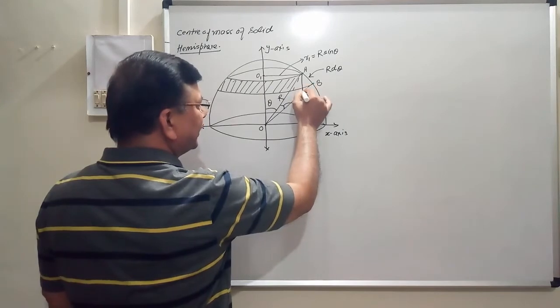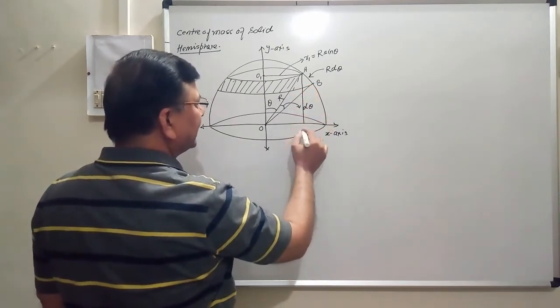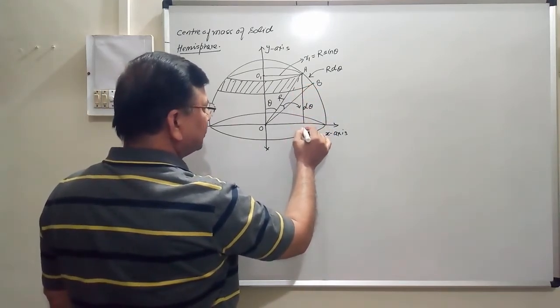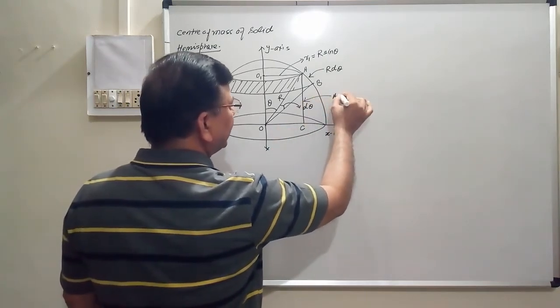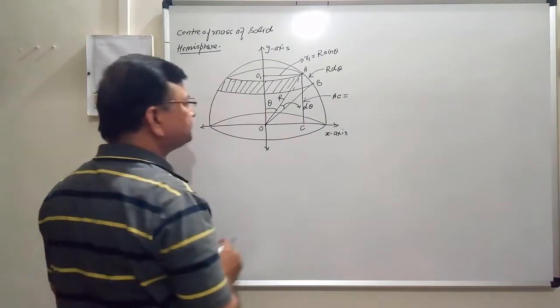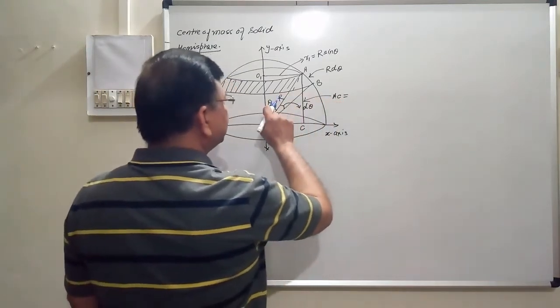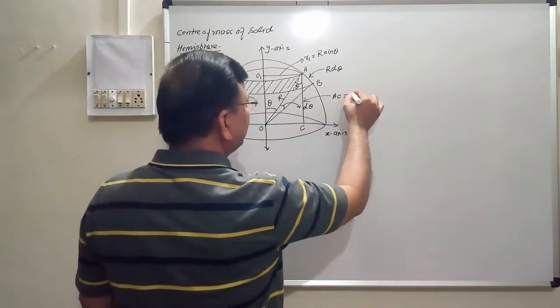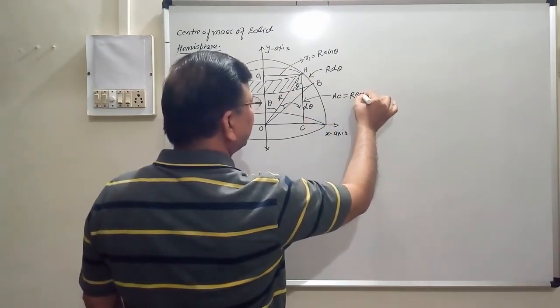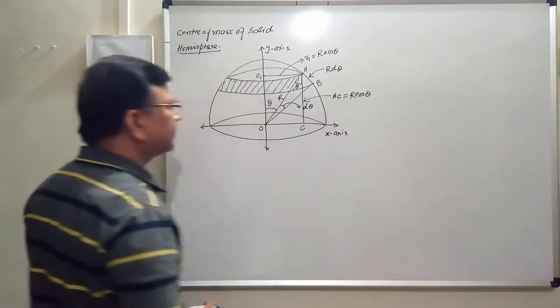Similarly, if you take the vertical distance over here, suppose it is C. AC is equal to, and see this is theta, this will also be theta. So this will be r cos theta.